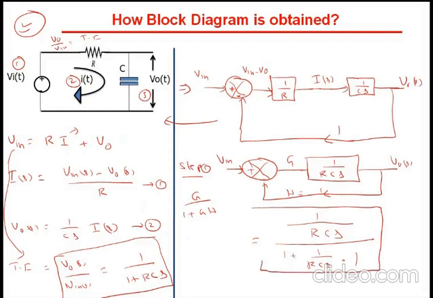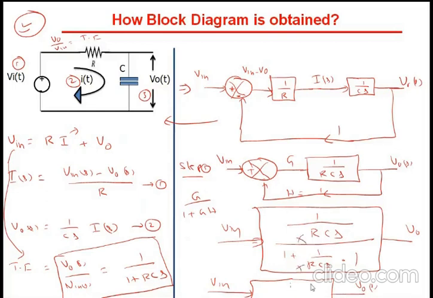Or you can reduce, as this is a block diagram, I am just representing in the form of blocks. If you simplify this mathematical expression, this is v naught and this is v in, then you will get the final transfer function v naught of s by v in of s. This r of s and this r of s get cancelled.